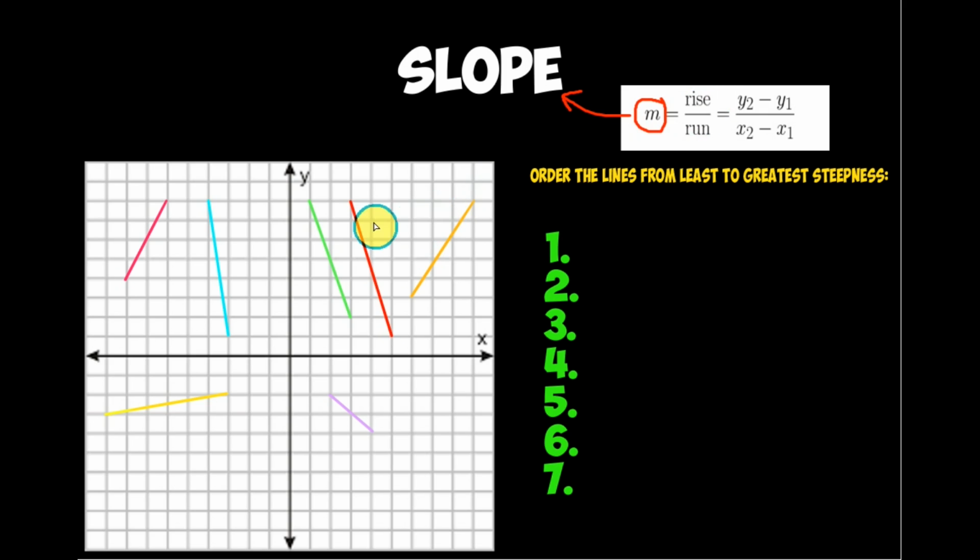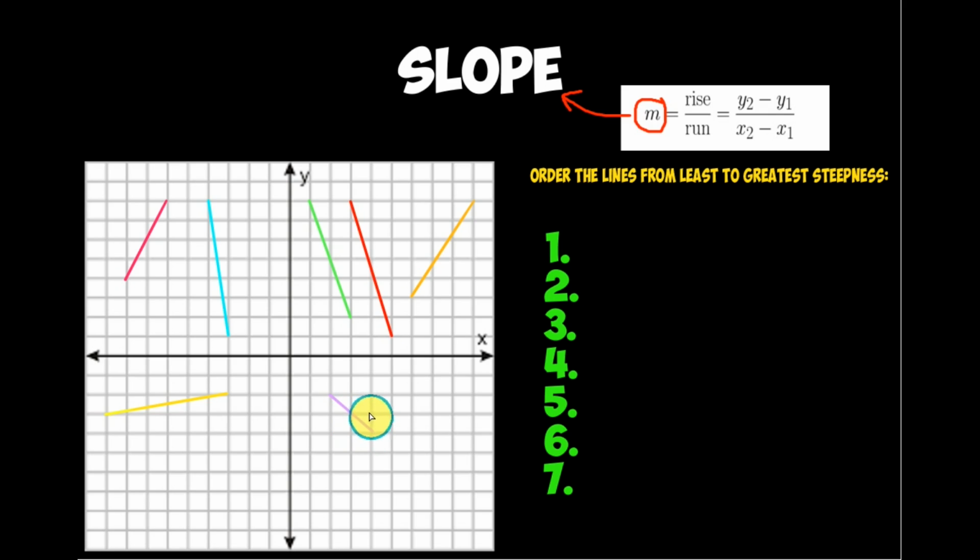Anyways, so let's identify this one right here. This is easy. We're gonna rise first. We can go up or down. Since the other end is right here, we'll start here, but it doesn't matter. You can start here as well. So I'm gonna start here and go up 1, and I see that there's an intersection over here.